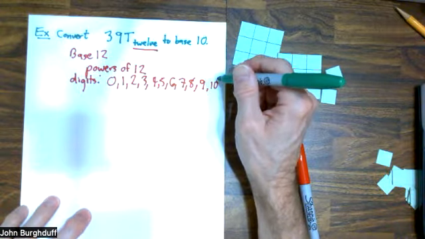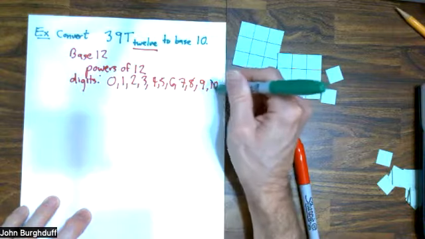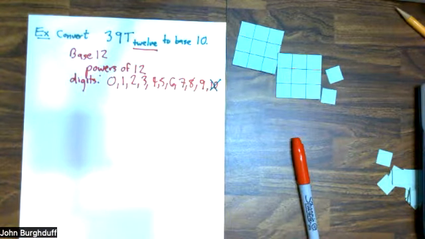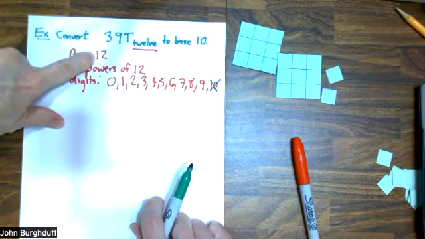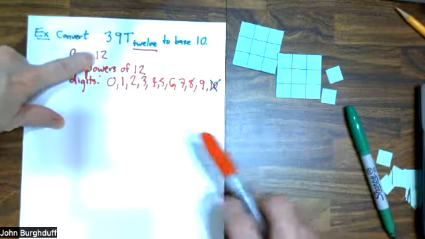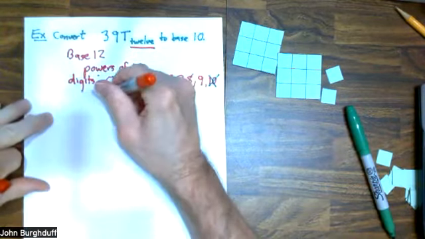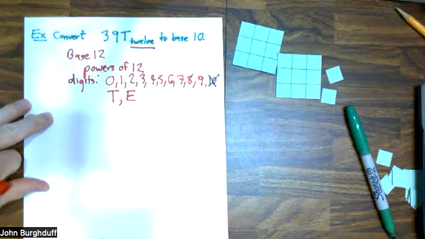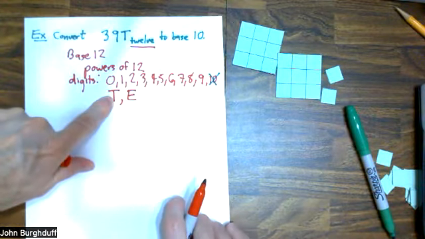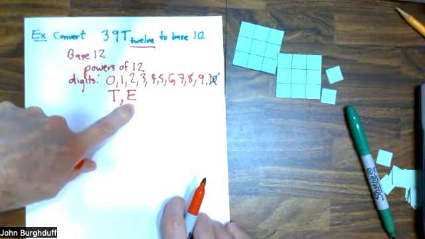So if you have a base that goes bigger than base 10, what you do is you have to make up symbols for the numbers reaching up to one less than whatever your base is. And traditionally in base 12, we use the letters T and E, which, as you can guess, stand for 10 and 11.